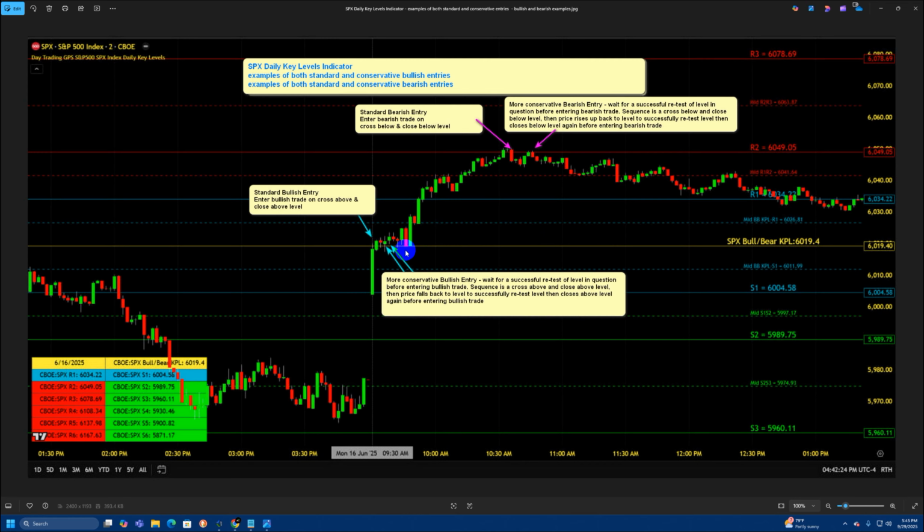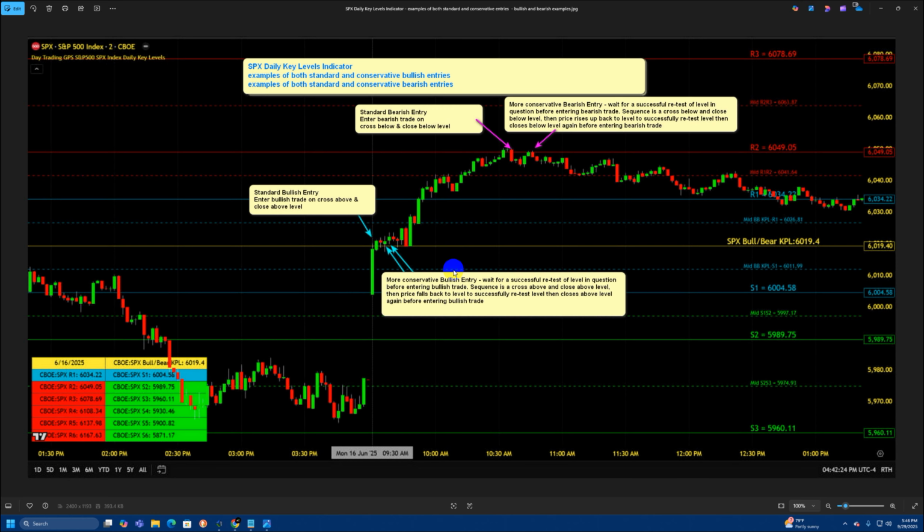In this sequence, this is taken from the bull bear KPL, so your standard stop loss is the first midpoint level below the bull bear KPL, which is this level here. We don't happen to have the quarter levels on this particular chart, but if you instead wanted to use a tight stop loss, then you would enable the QL below the bull bear key price level, and that would be your tight stop loss on this trade.